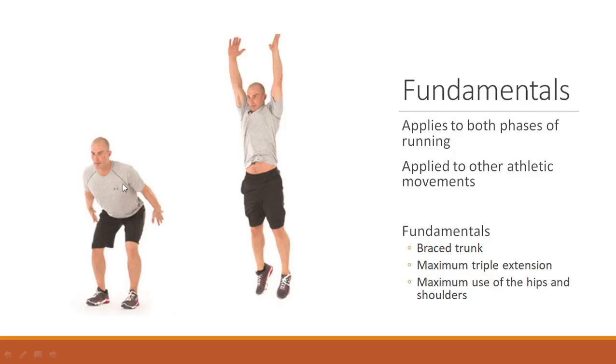As you can see, when he's in this crouch athletic position, he explodes up, and we get an extension of the hip, of the knee, and of the ankle. That's that maximum triple extension we're after. And then obviously he's using his shoulders and hips maximally because they're going to be the biggest powerhouses of the body that are going to allow us to produce the most force.